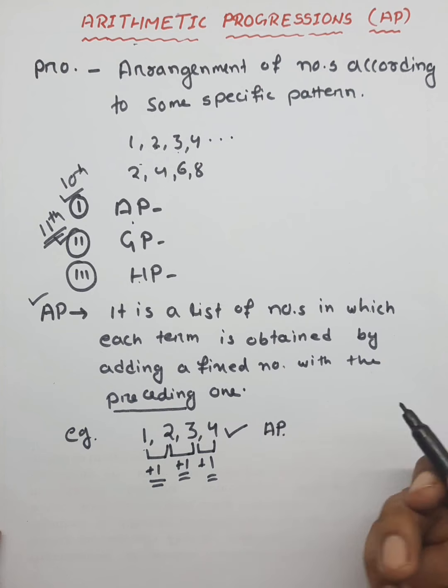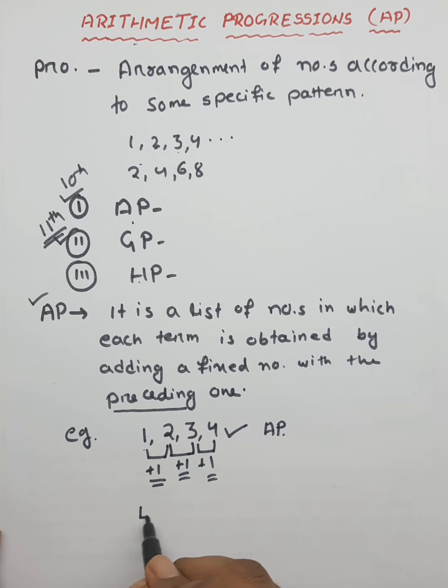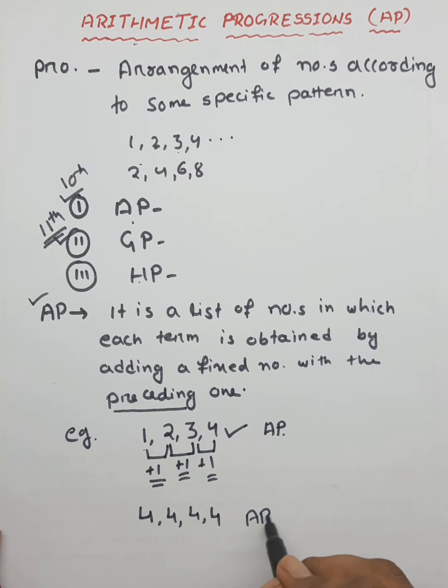Let us see another example: 4 4 4 4. This is also in AP. How? 4 can be obtained by adding 0 each time. Hence, this is in AP.